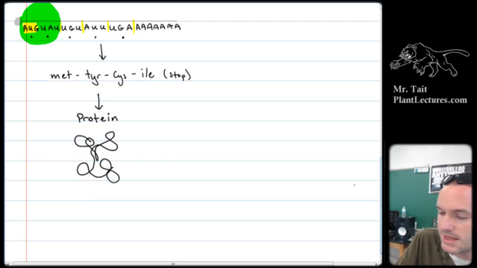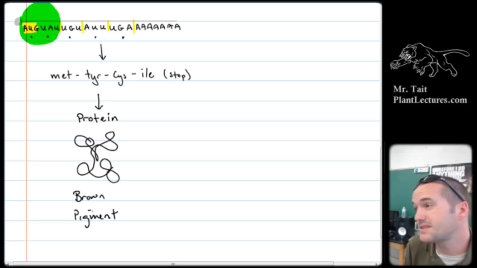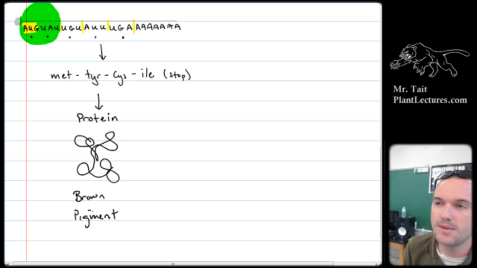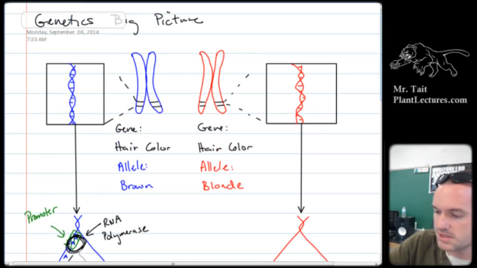Okay, let's say that the whole purpose of this protein is to be a brown pigment. So the specific way that this protein gets folded makes it absorb light, right? And it absorbs light in a way that makes it reflect just a little bit of each of the wavelengths. And if you reflect just a little bit of each of the wavelengths, you end up with something that looks brown. Okay? So we're going to go all the way back up to the top here.